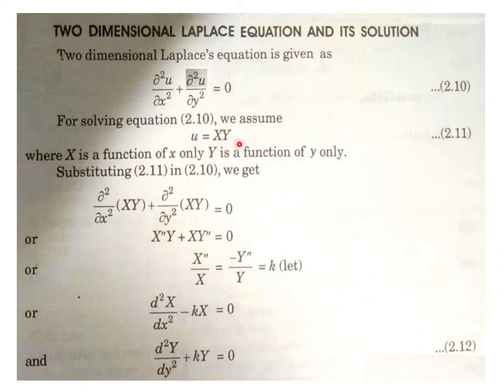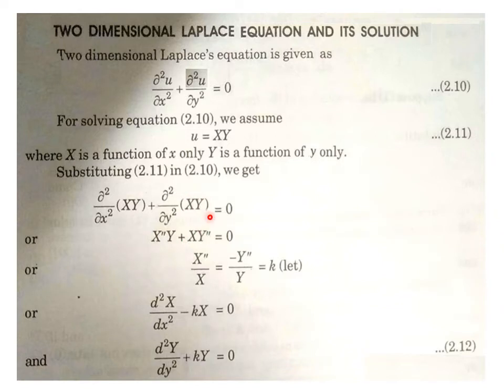Now, as usual, capital X is a function of small x only and capital Y is a function of small y only. Then substituting 2.11 in 2.10, we get del 2 by del x square of capital XY plus del 2 by del y square of capital XY equals 0. Then X is differentiated twice with respect to small x and it changes to an ordinary derivative, X double dash, that is d2X by dx square, and with respect to x partially, capital Y is taken as constant.